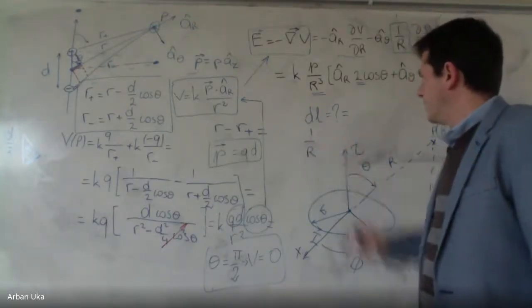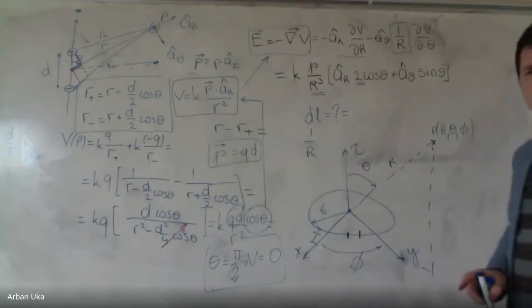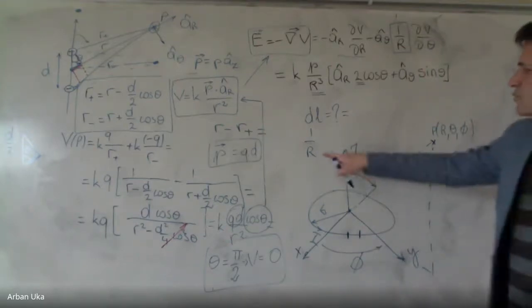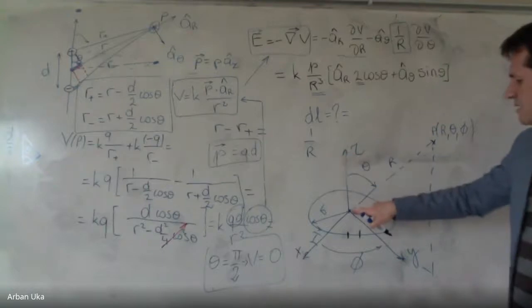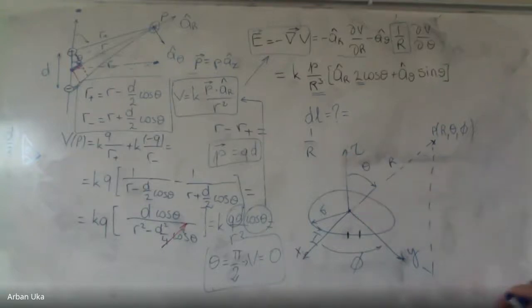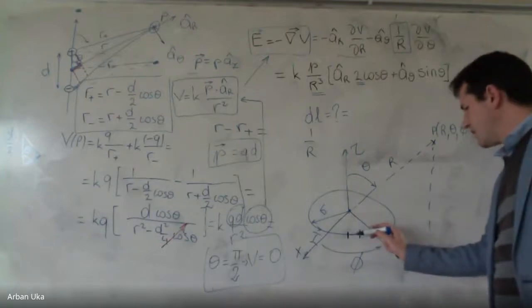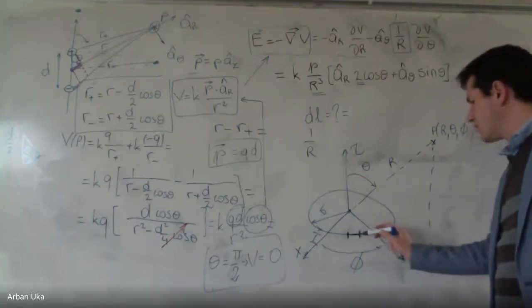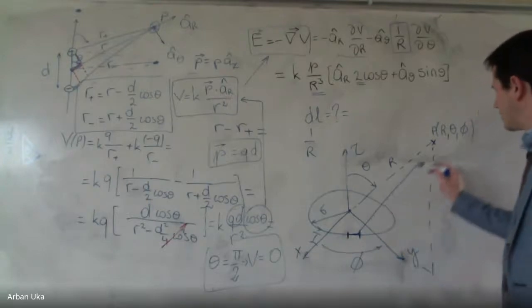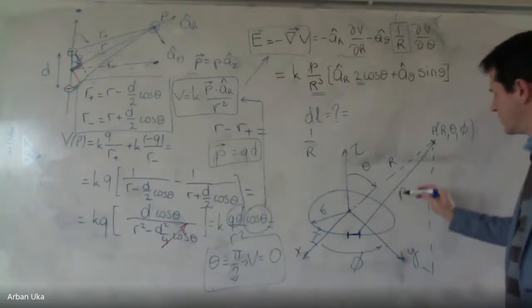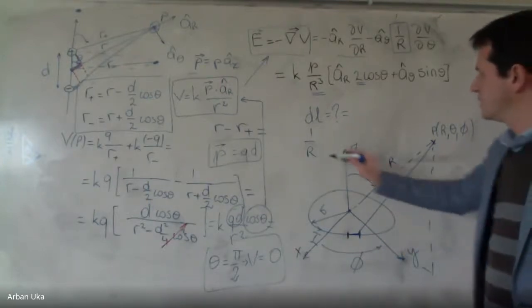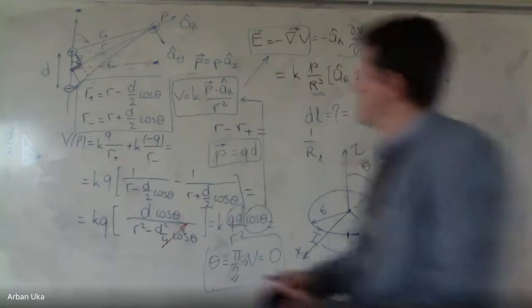I'll clarify in a moment what these are, but this 1 over R is not the distance of the center of the loop that carries the current, but the distance of this current element. So it's going to be this other term. Let's call this one R1.